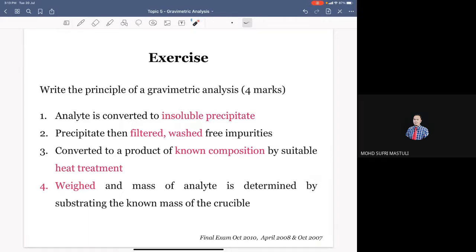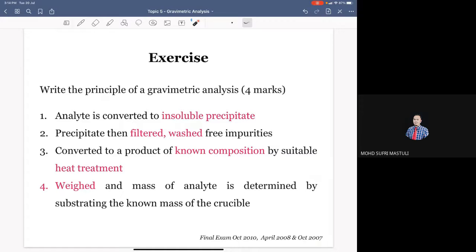After you separate using filtration, you have to wash to remove the impurities, and then you have to dry. After you dry, you have to convert it into the known composition of analyte by applying heating. Lastly, you weigh using the analytical balance.